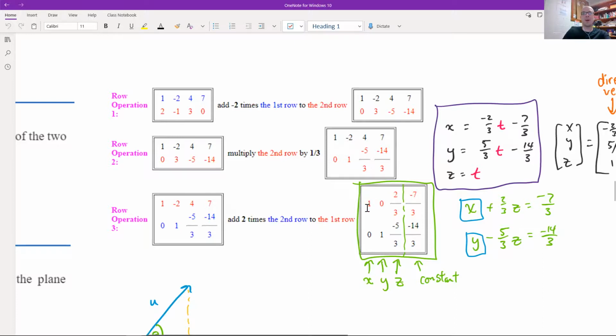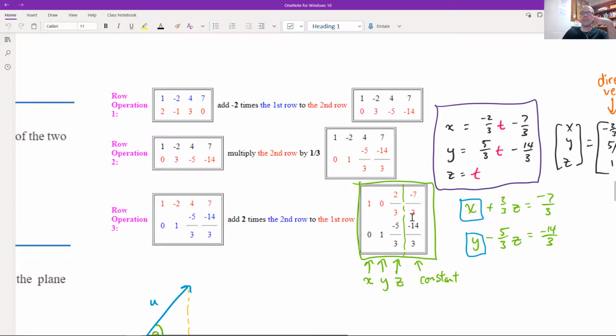And that corresponds to having the first equation solve for x, and then we'd have 2/3 z equals negative 7/3, and we'd have 0x plus 1y minus 5/3 z equals negative 14/3. So essentially this is just a nice way to do solving by elimination.